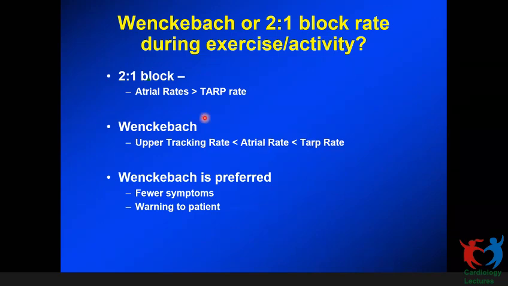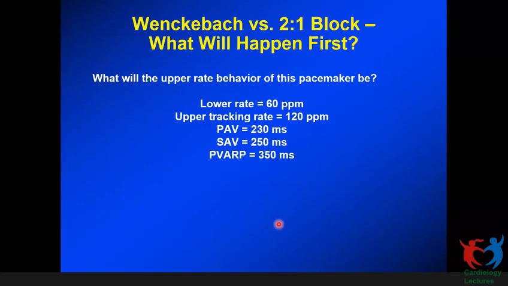And it is ideal to have the pacemaker first give proper physiological 1:1 tracking of sinus rates, and then beyond that you program in such a way that the pacemaker progresses to Wenckebach and then progresses to 2:1 block, so that there are fewer symptoms for the patient and the patient can adjust himself.